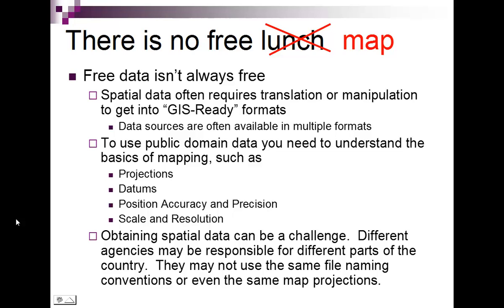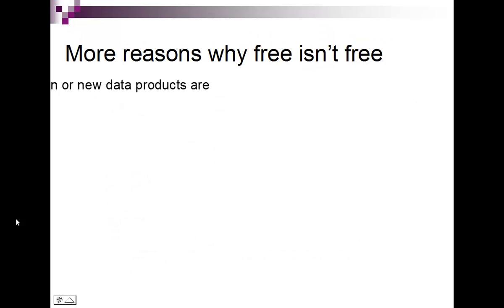So we need to be cognizant of issues of projections, data accuracy and precision, the actual numbers that we're getting. If we're getting the number of deaths by county, well, we need to standardize that by something. And we've already talked about techniques in which we can go through and turn this information into GIS data or calculate new columns as part of this.